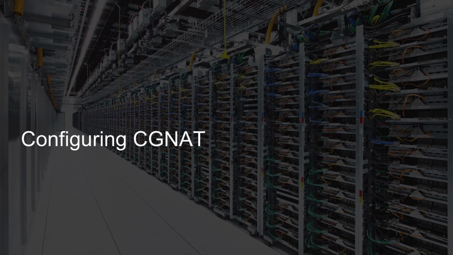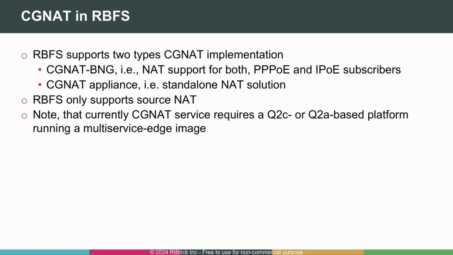In this section, we'll demonstrate how to configure CGNAT on a device running RBFS, step by step. RBFS supports two types of CGNAT configurations. You can use the CGNAT BNG feature combination, which enables NAT translation for PPPoE and IPoE subscribers.